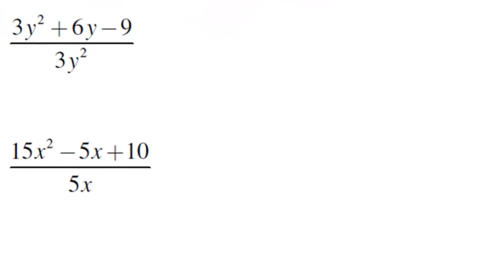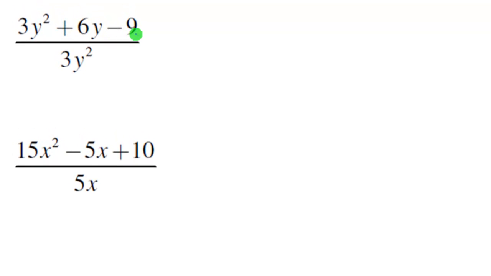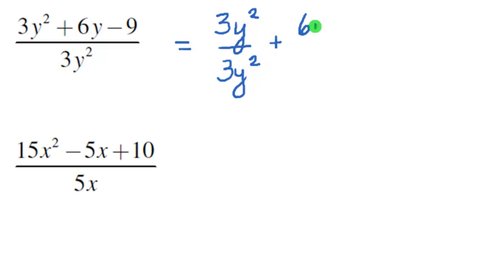Okay, let's look at the next one. We have a trinomial, 3y squared plus 6y minus 9 divided by 3y squared. So let's split those up: 3y squared over 3y squared plus 6y over 3y squared minus 9 over 3y squared.